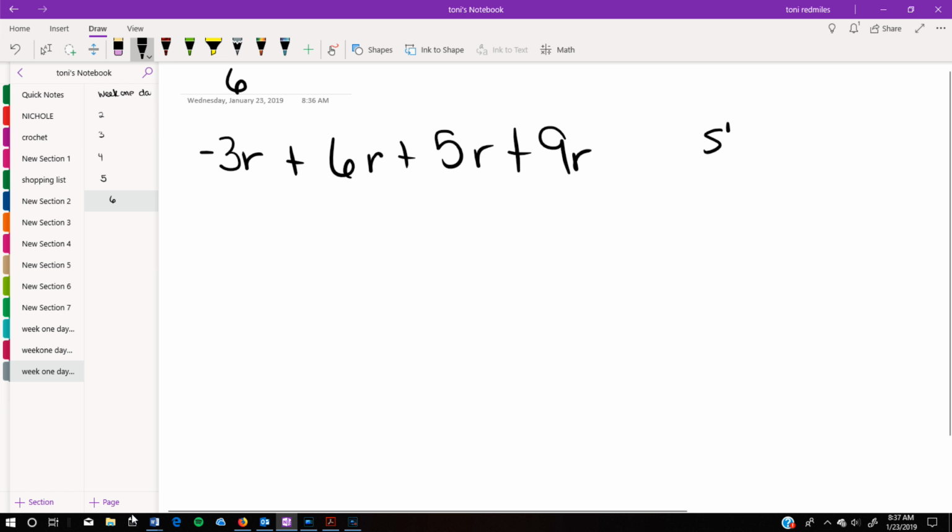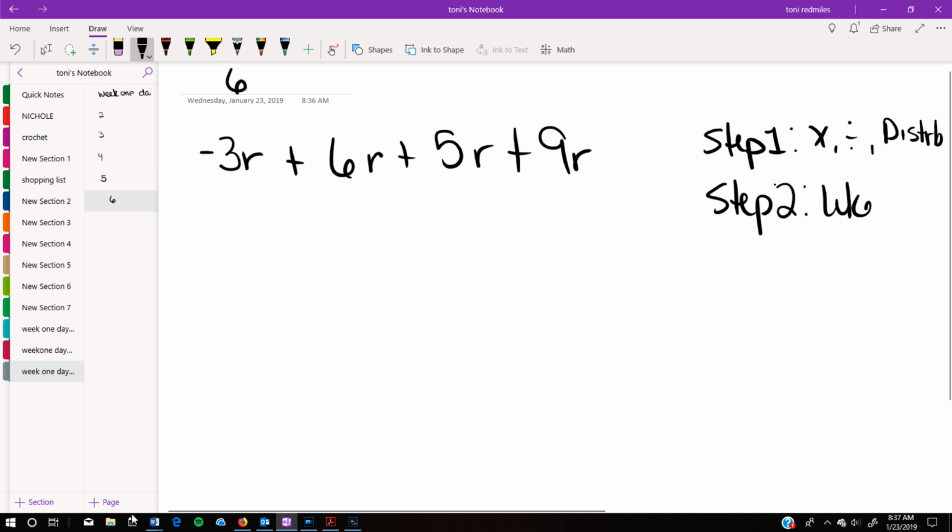So we don't have to do step 1. You should know what step 1 is by now. It's multiplication, division, distributing. Okay. Step 2, get my like terms together. I don't have to do that in this one. They're all like terms.